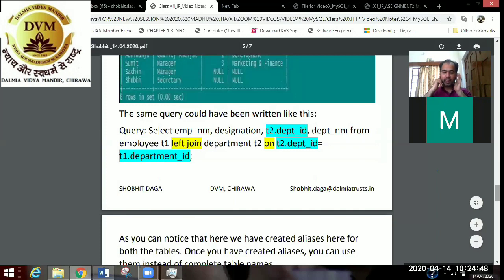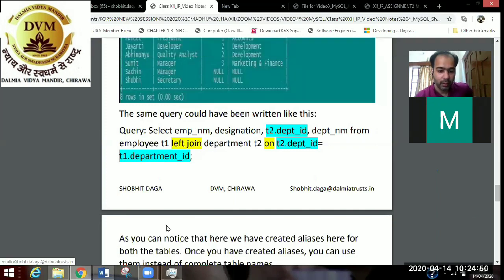The same query can be written like this. Select EMPNM, designation, T2.dptid. What happened over here? Instead of the complete name of the table, department, we have just written T2. How is it possible?